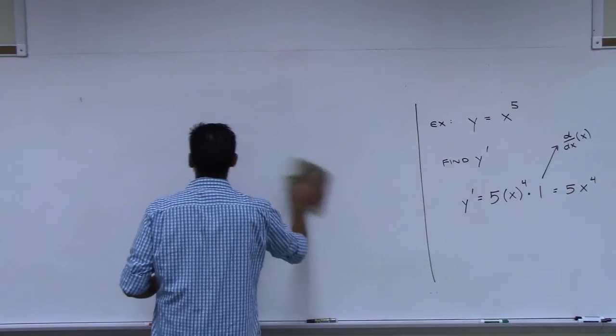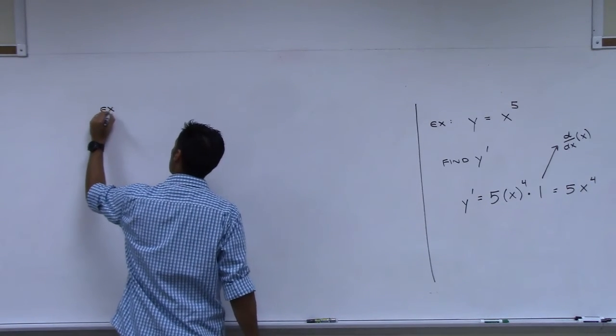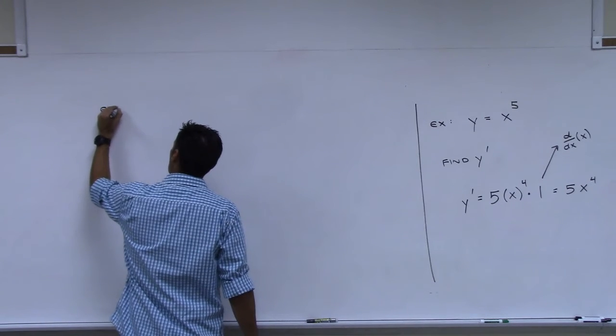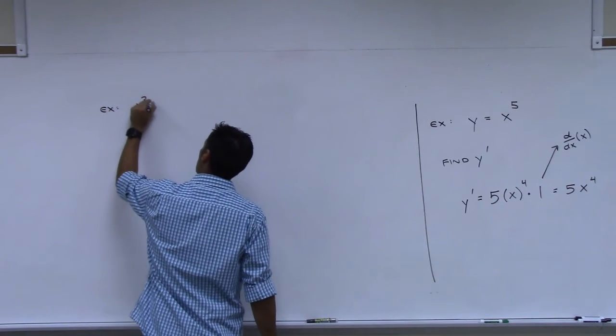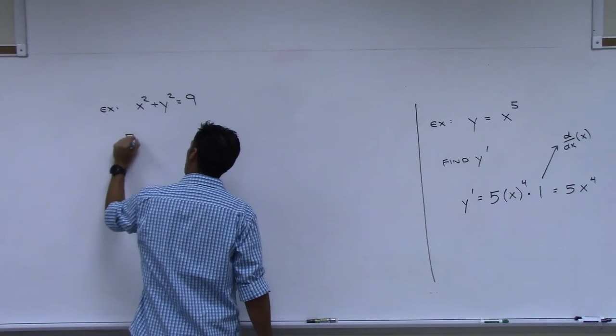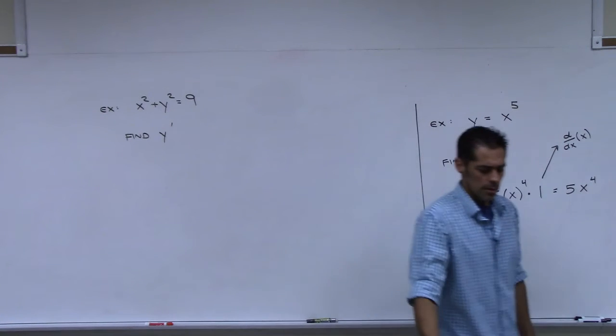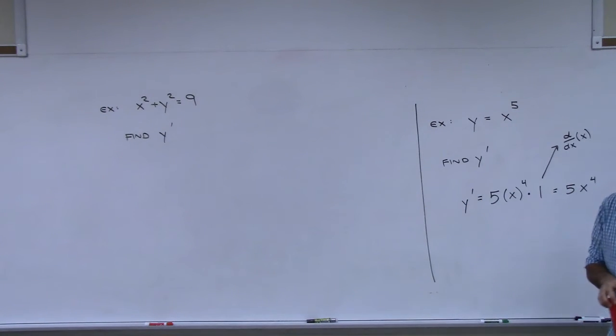Let's go back to that circle and let's try and figure out the slope of the tangent line. So here's the example now. x squared plus y squared equals 9. I want us to find y prime. In other words, I want us to be able to find the slope of the tangent line.